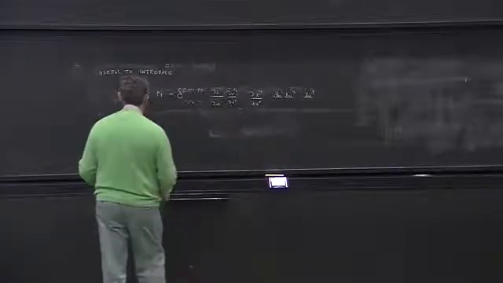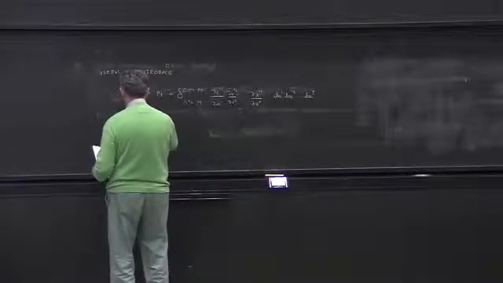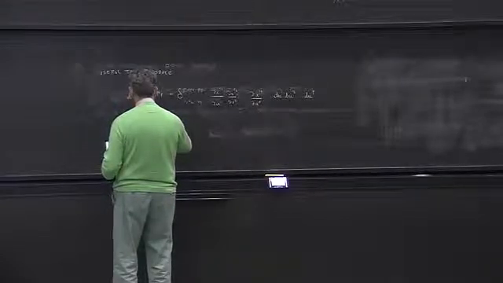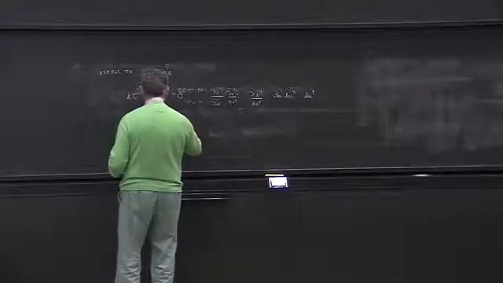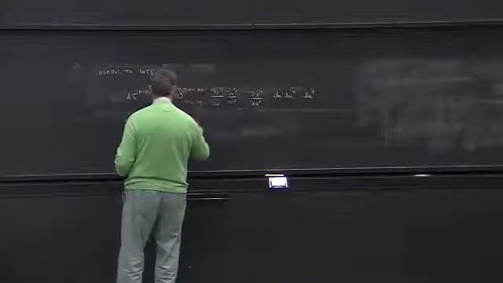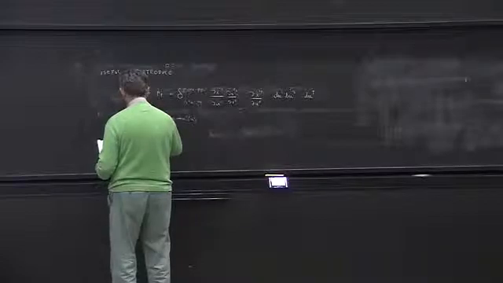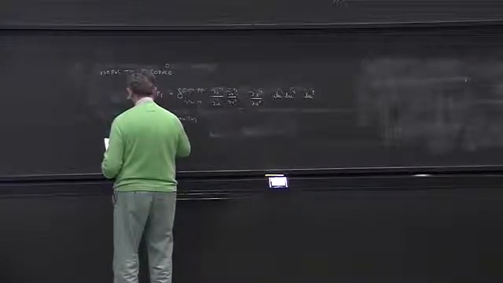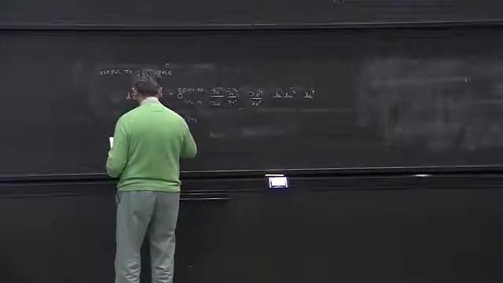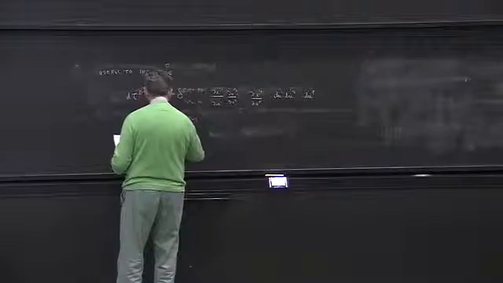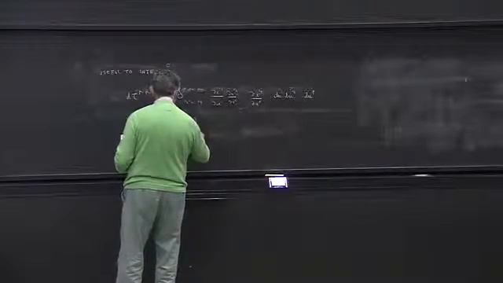By construction, this is a scalar under u goes to u prime of u, and a tensor of rank p under x goes to x prime of x.